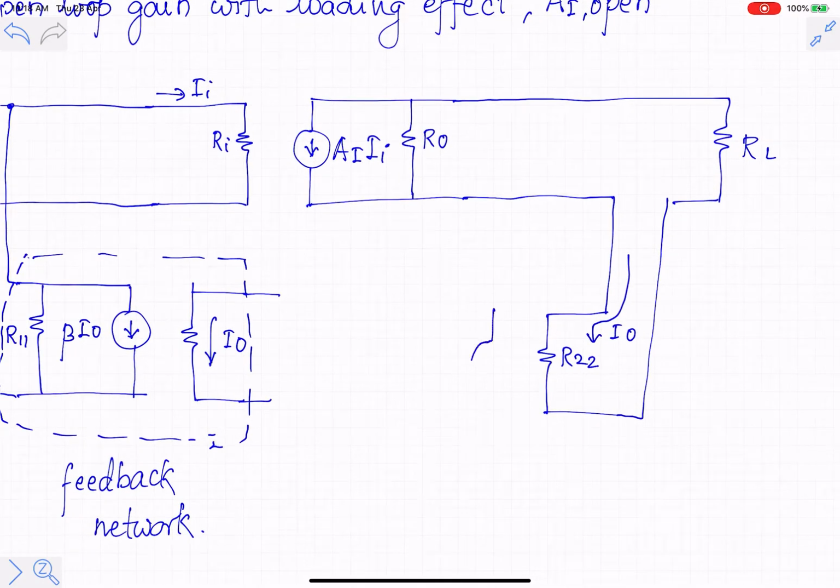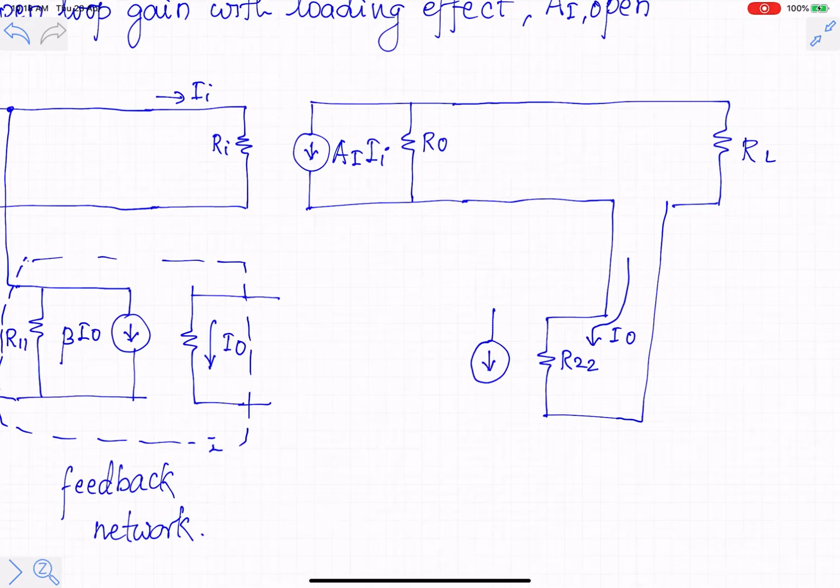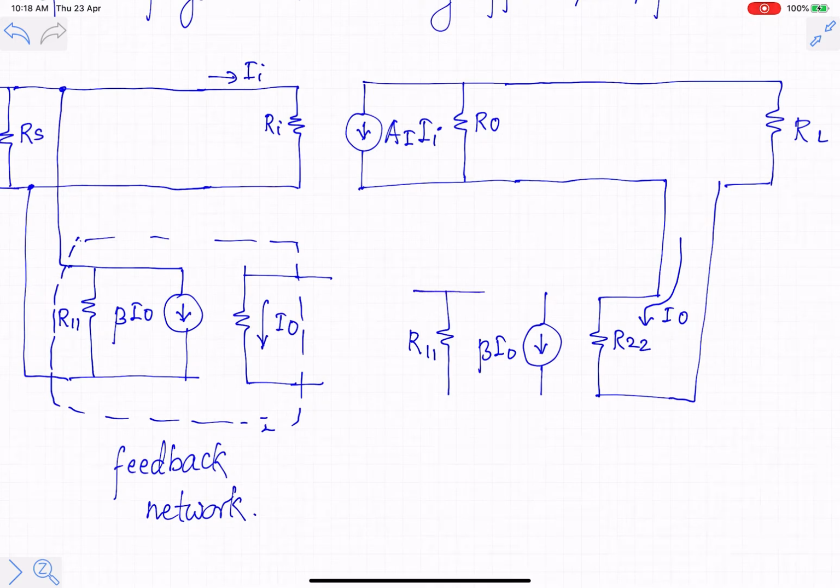On this side there is current controlled current source beta into I naught, and we have R11. So this is the feedback network, again duplicated on this side. So this is also the feedback network.